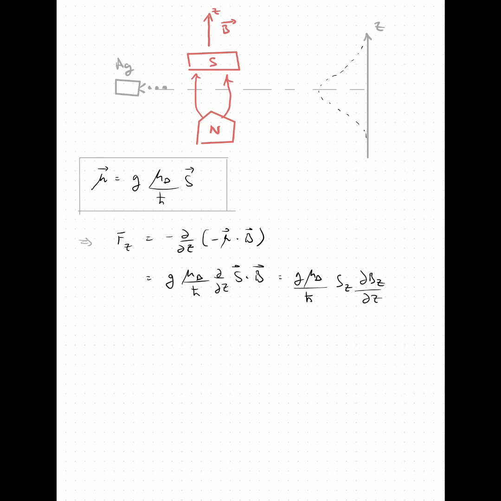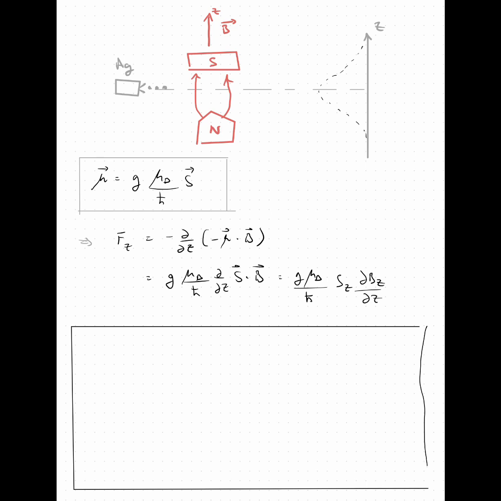Let's take two results and compare them. Now let's take basically a classical result, and then kind of what we expect if quantum mechanics is playing a role in this system.